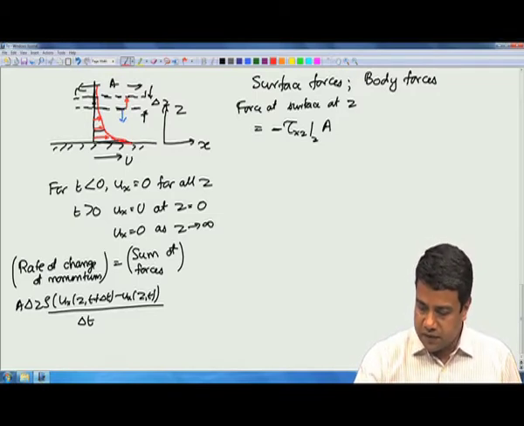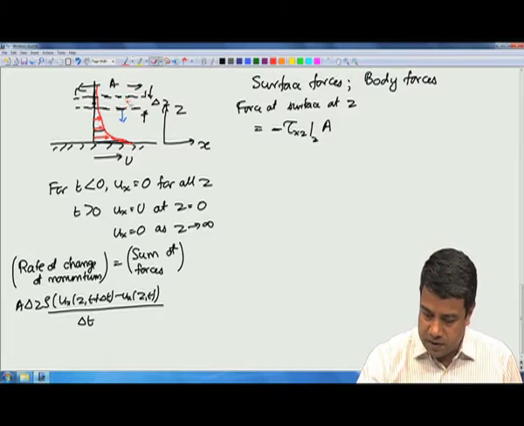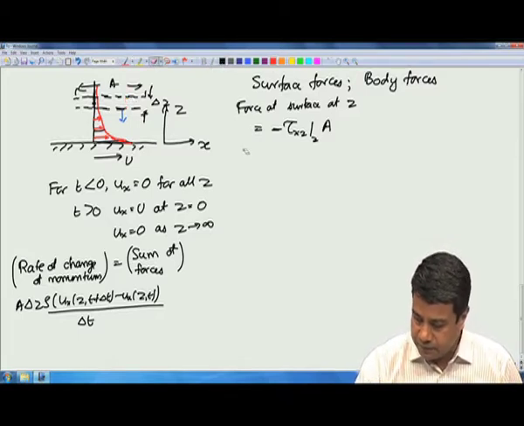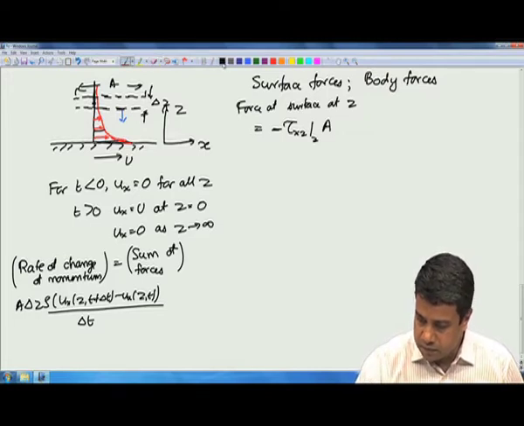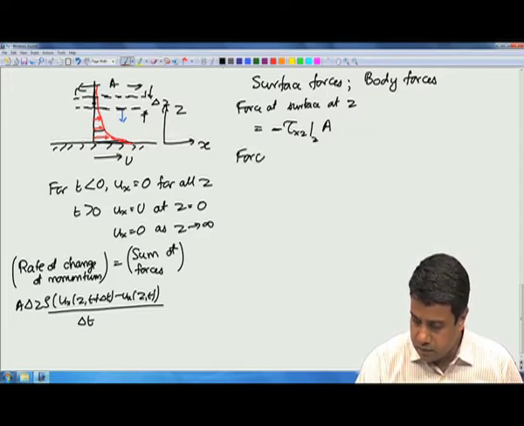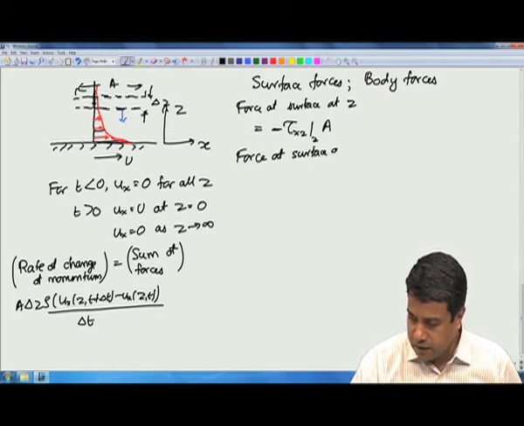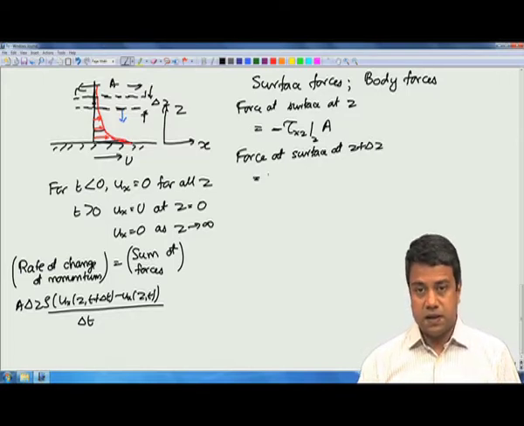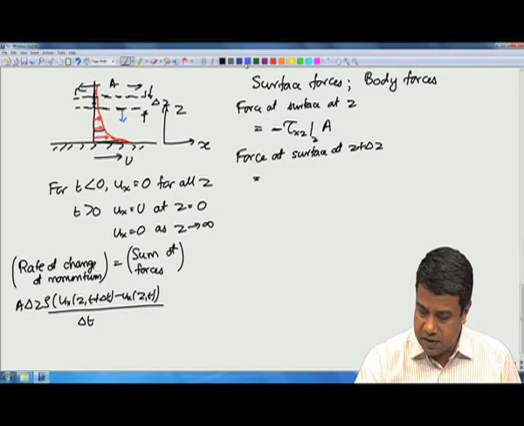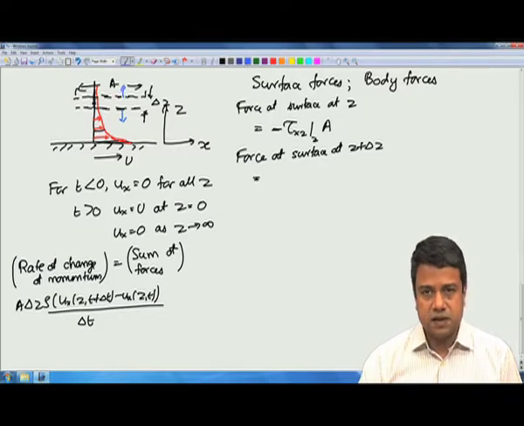What about the force at the surface at the location z plus delta z? In this case, the outward unit normal is in the plus z direction.